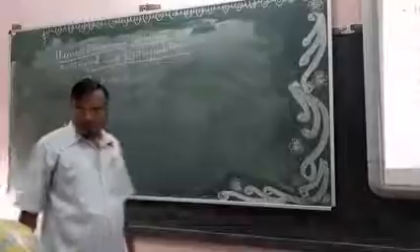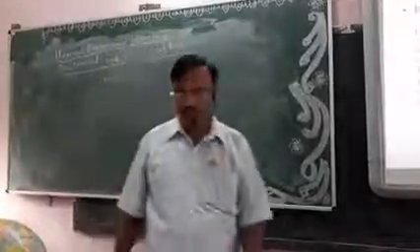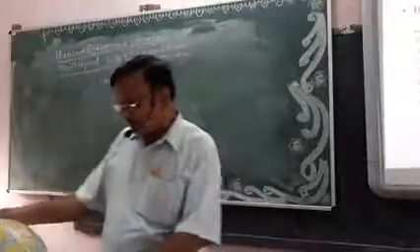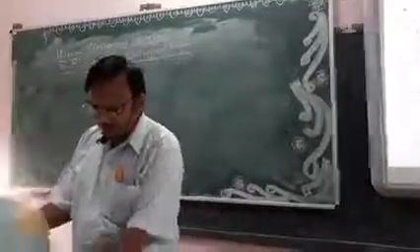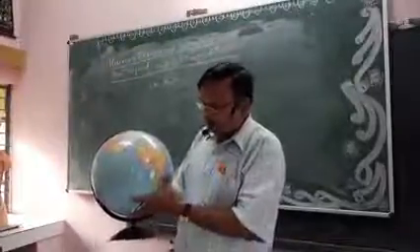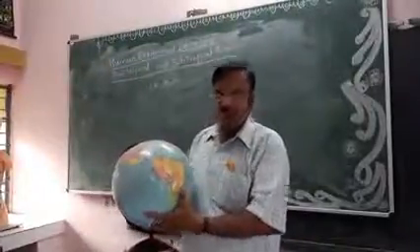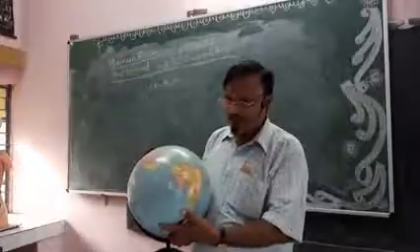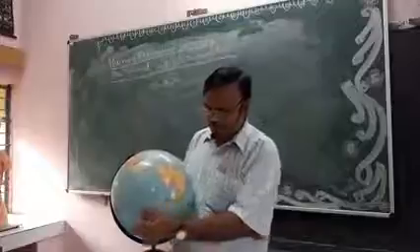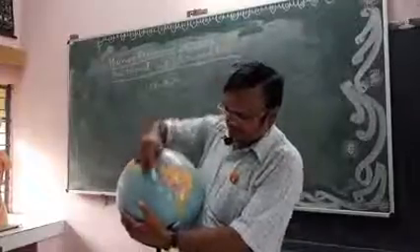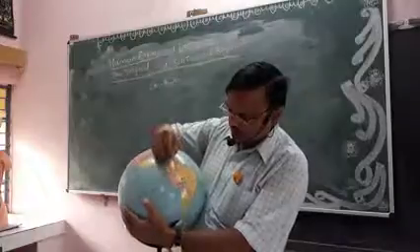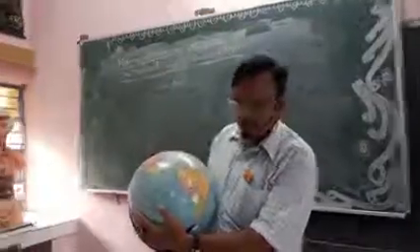Location. As you know, this Amazon basin lies in the equatorial region. Where does the equatorial region come? It is exactly the middle part of the earth's surface. The Amazon basin lies in the South American continent, in the northern part of the continent, that is, in the northern part of Brazil, Peru, Ecuador and the southern part of Venezuela.